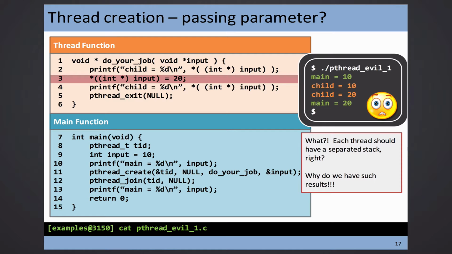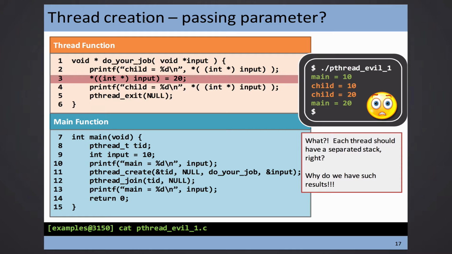So I will set an integer inside the main and use its address, passing it to the thread function. The thread function is a new guy, right? You create a new guy, and the new guy receives the pointer and tries to do what?